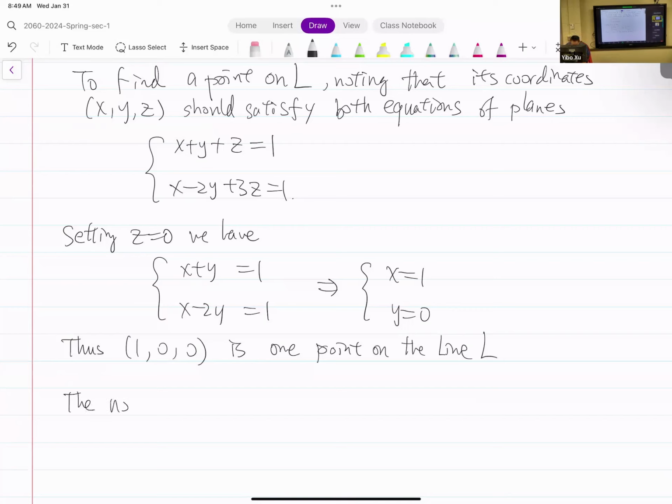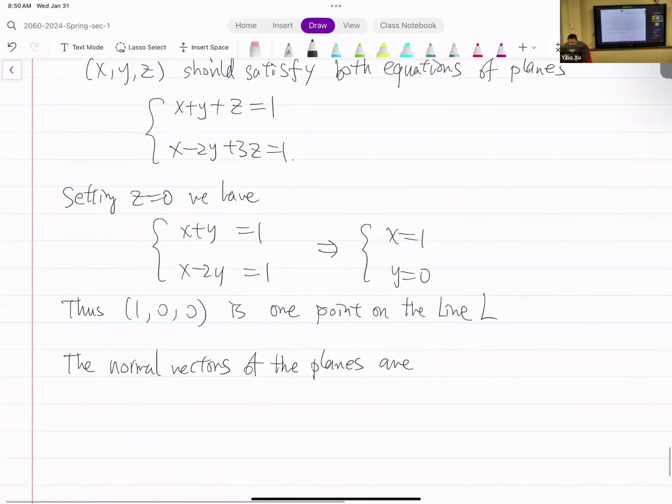The normal vectors of the planes are, basically just look at the equation of the planes. For the first plane, the normal vector n1 is (1, 1, 1), the coefficients in front of x, y, z. And n2 is the vector (1, -2, 3), reading off the coefficients.